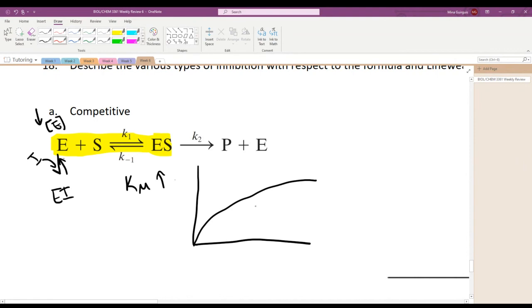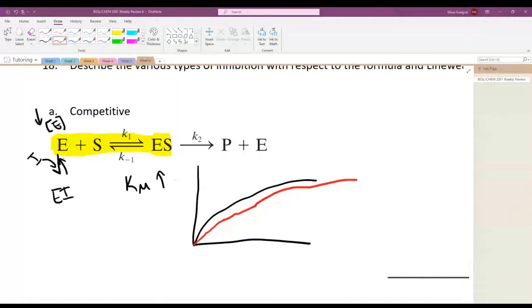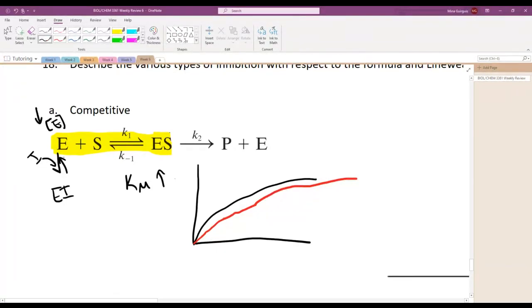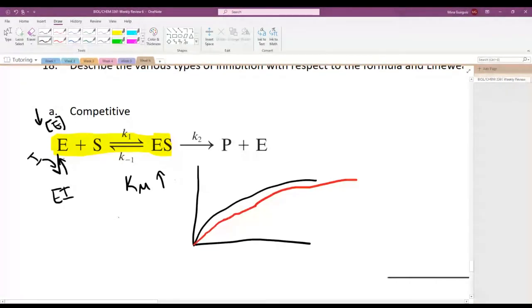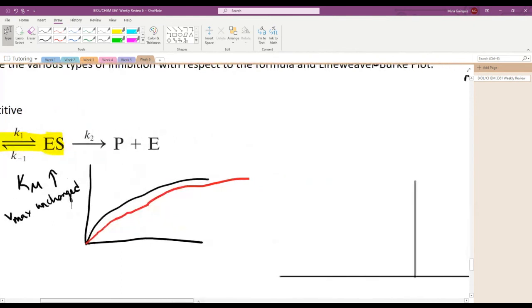What if I have a substrate concentration that's 100 times, that's 1,000 times, and so on and so forth? Exactly, it'll overcome the inhibitor. And so while Km increases, or appears to increase, Vmax stays the same. Okay, it's unchanged simply because at some point your substrate concentration is able to overcome your inhibitor concentration, and that makes it about the same at some point.